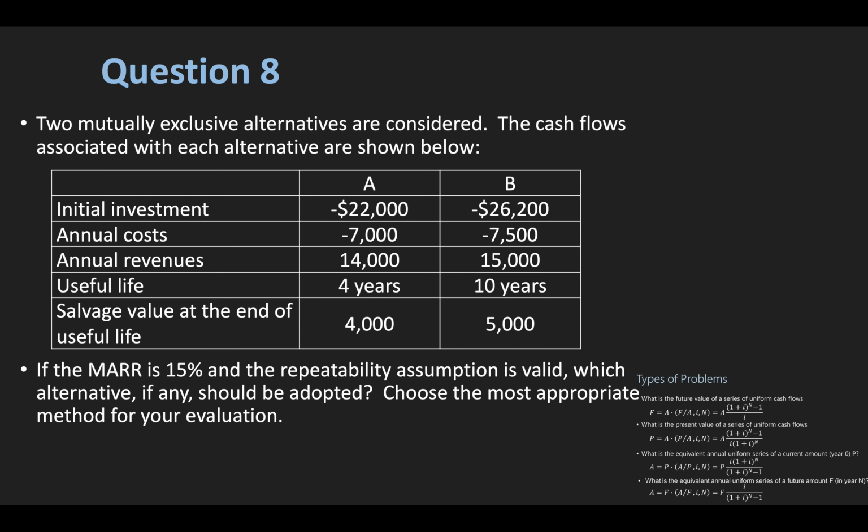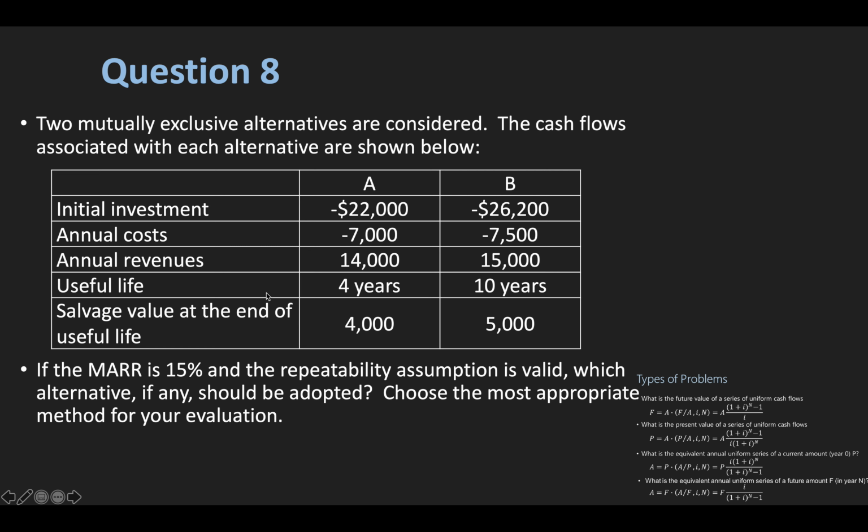Question 8 is something like this. Two mutually exclusive alternatives are considered. The cash flows associated with each alternative are shown below. You can see for the two alternatives, initial investment, this much, annual cost, a bit different, annual revenue, a bit different.